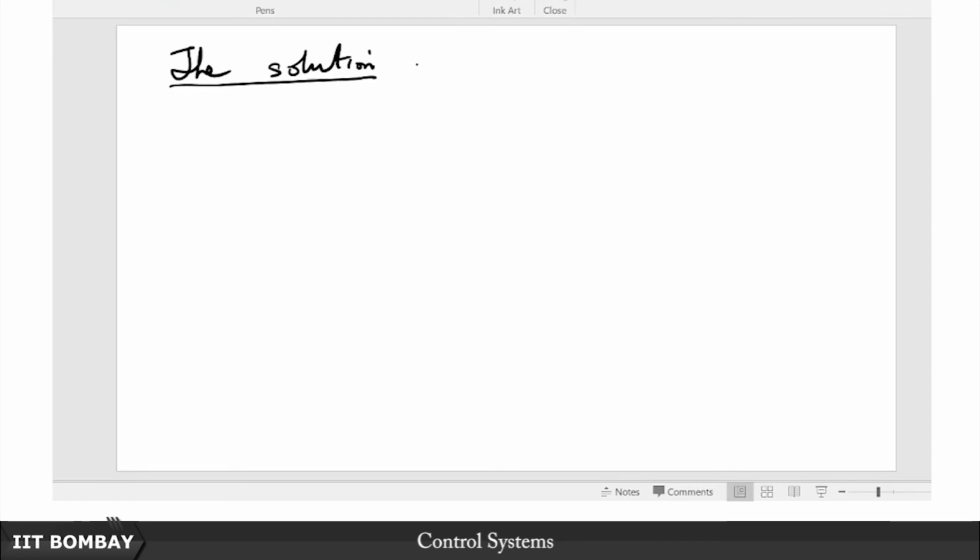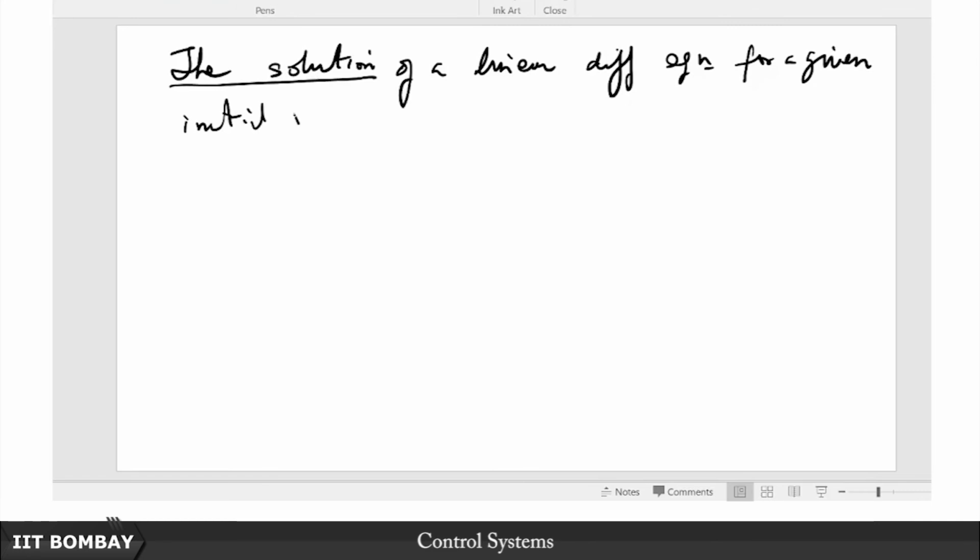There is something called a Bellman-Gronwall lemma which allows you to prove this. The solution of a linear differential equation for a given set of initial values is unique.